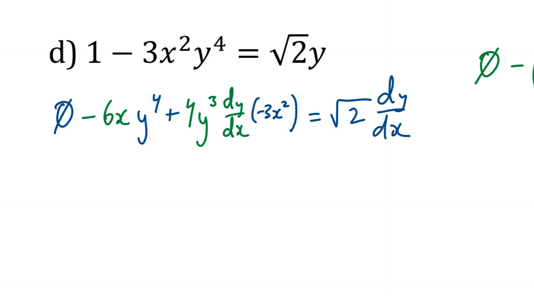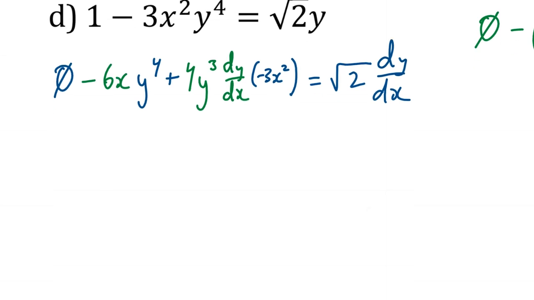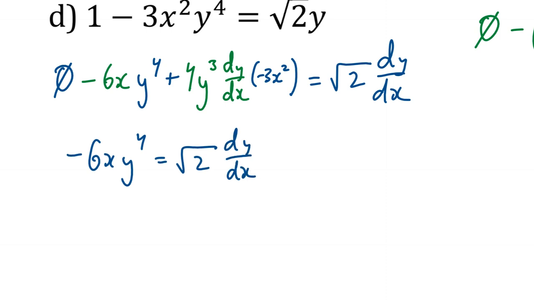So I'm going to move all the dy by dx's to one side, and I'm going to move all the other junk to the other side, and I'm going to start factoring out and simplifying and all that stuff. Minus plus x squared y cubed.